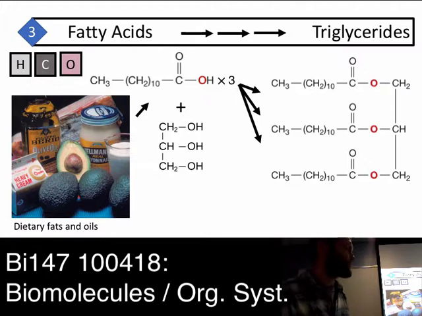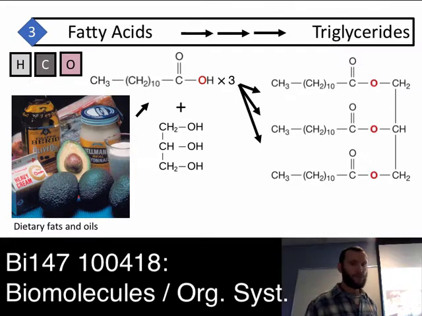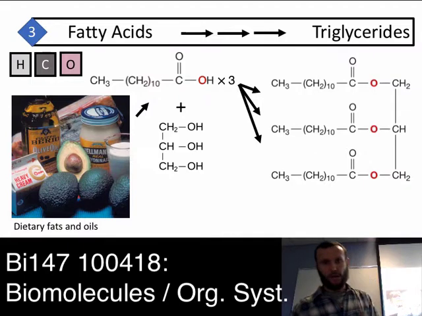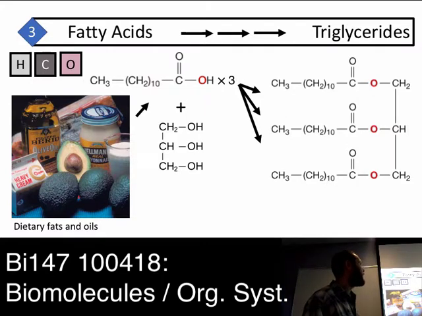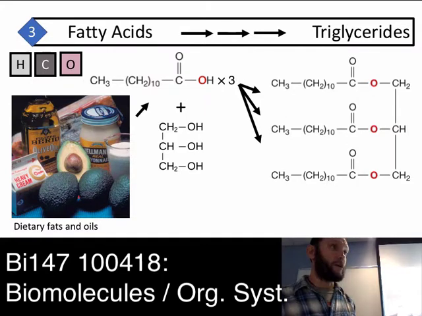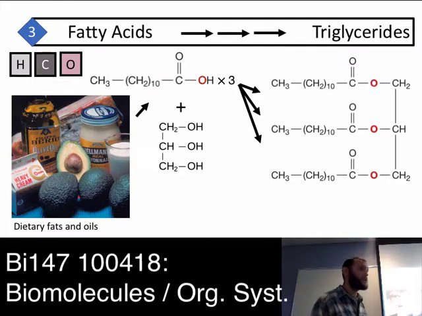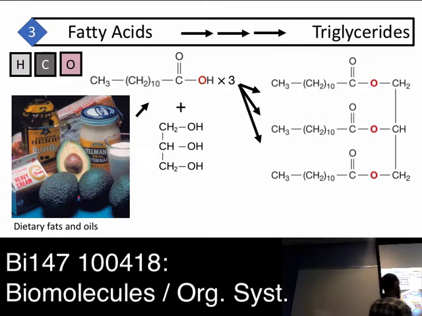All right, fats. So fatty acids are the fundamental unit of a lipid. And the name suggests that there is an acid in there. And in fact, there is. There's another one of these carboxylic acids. So here's the carboxylic acid.